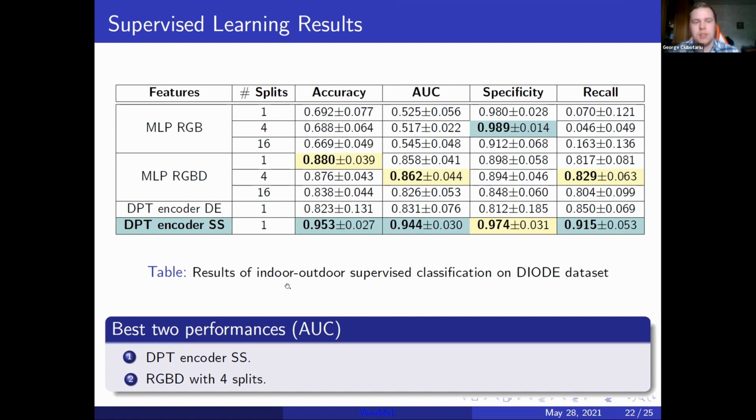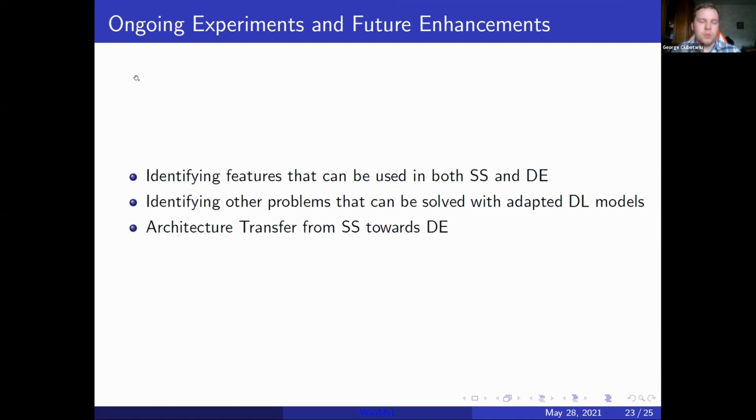then we could make further progress in this case. So the other future enhancements could consist of identifying more general features that could be used by both semantic segmentation and depth estimation models. These generic features could then be used by different models and adapted for other problems than the ones they were designed for.